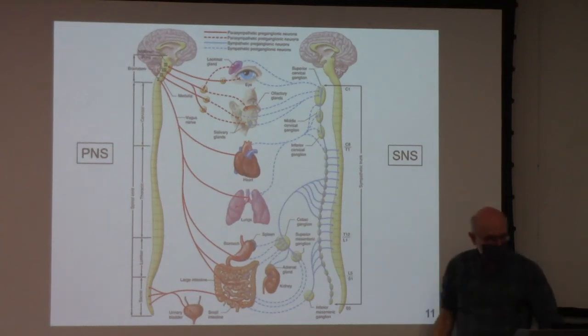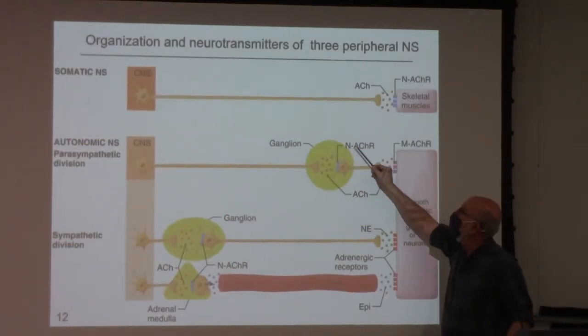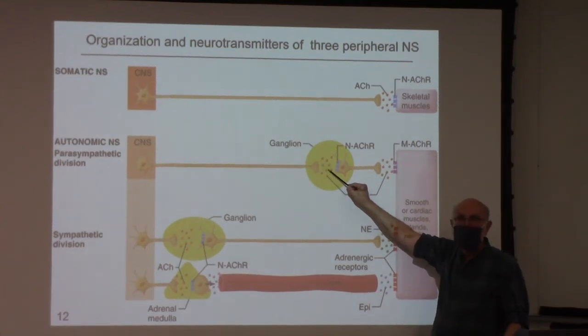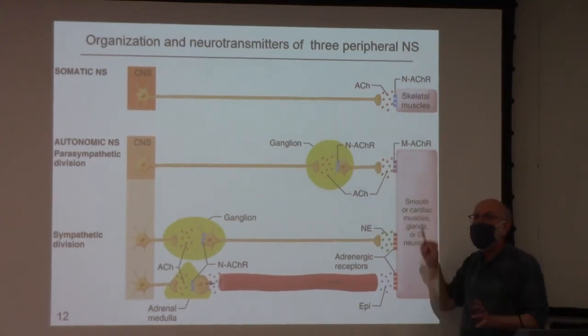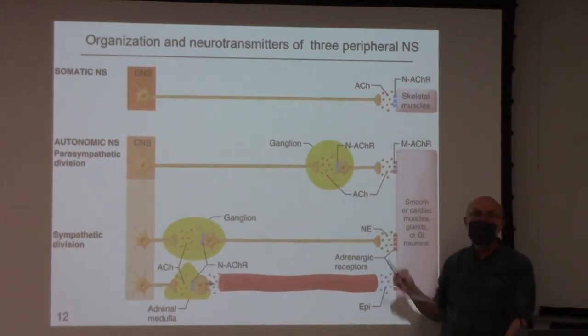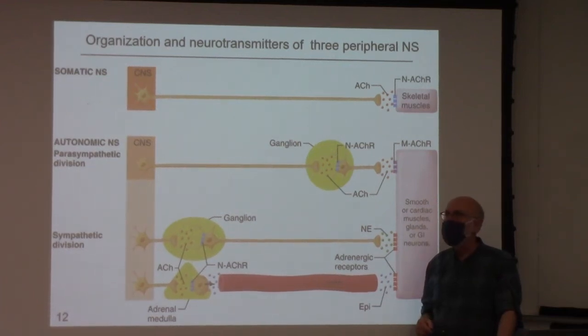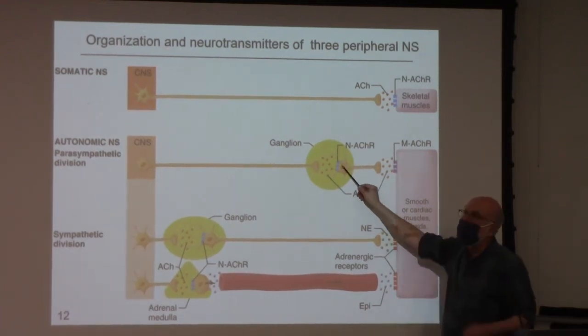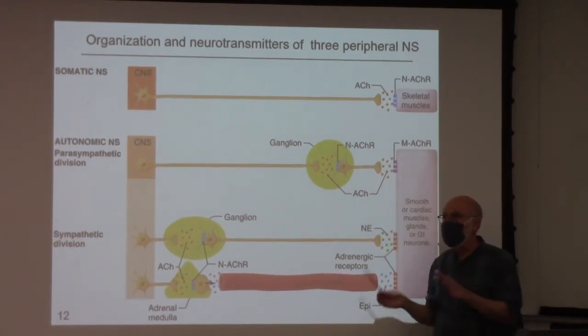So the first synapse in the parasympathetic nervous system uses acetylcholine as the neurotransmitter and uses nicotinic acetylcholine receptors. So is this an excitatory synapse? Yes. You know that the nicotinic acetylcholine receptor is permeable to sodium and potassium.